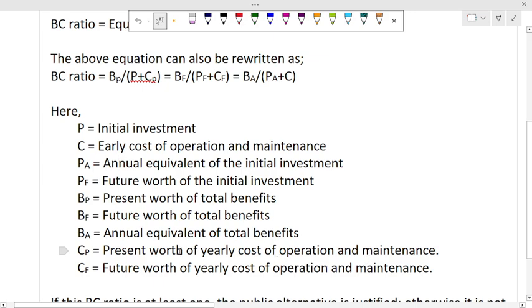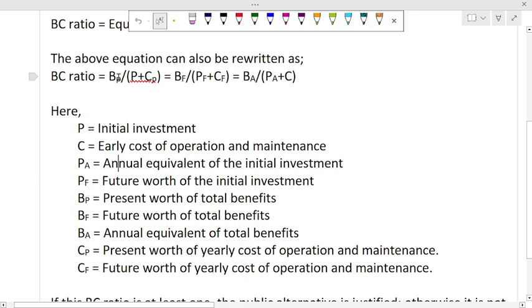How much does this thing cost you presently? That's CP. Plus your initial investment. Initial investment plus how much it costs you is dividing your present worth of total benefit.